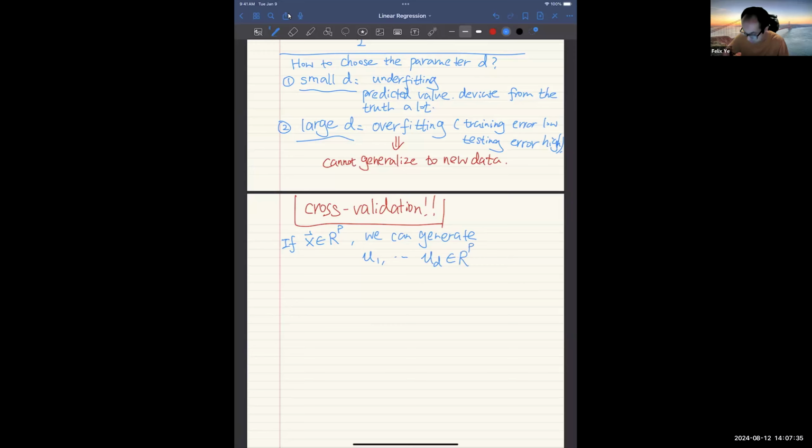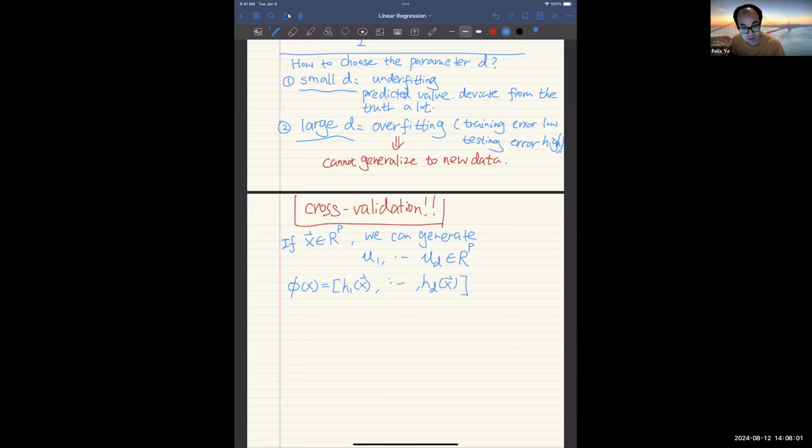These could be just some random vectors that you pre-specify. Then my feature phi(x) will be h_1(x) to h_D(x).